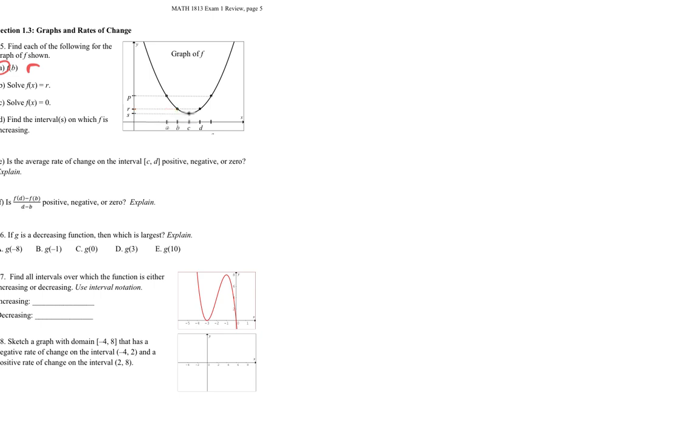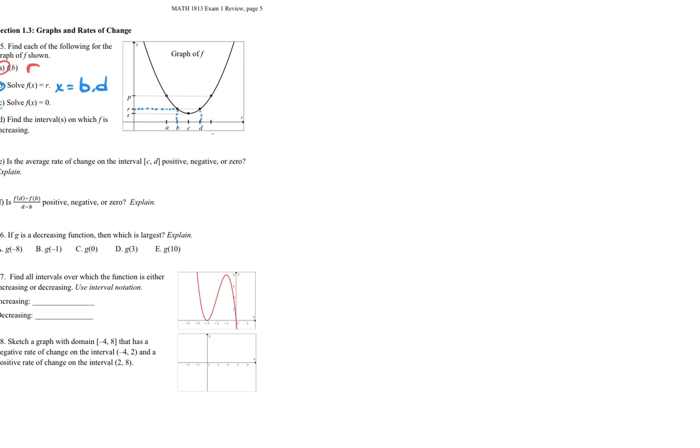Now moving on to the next one, we're finding f of x equals r. So that's kind of working in reverse. We're going to go through here, see, okay, equals that, and it equals that. So we should expect this to have our x equal b or d, okay?